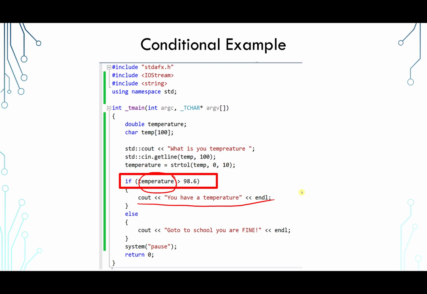Else, which we use in plain English as otherwise, go to school, you're fine. Right? So we use it to make a decision. Either go to the doctor because you have a temperature, or go to school because you're fine. So that helped in decisions.